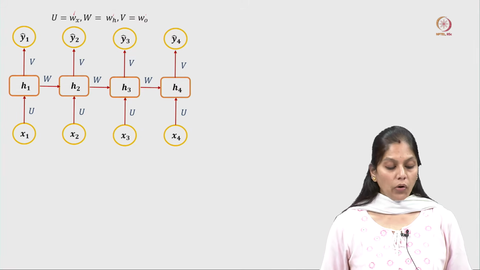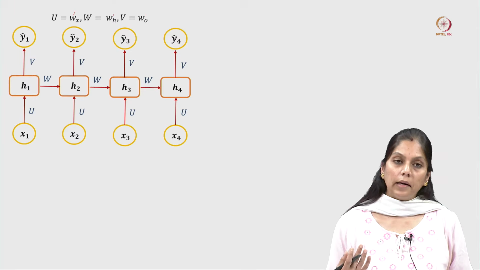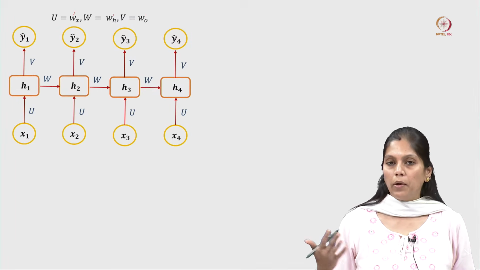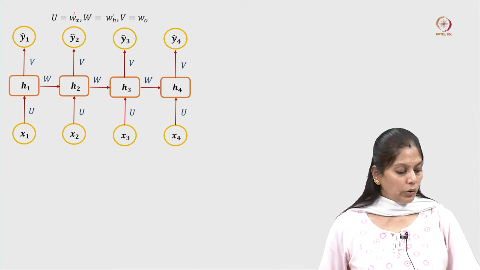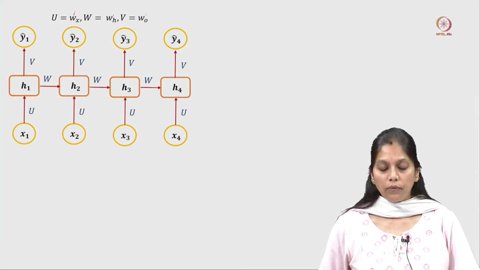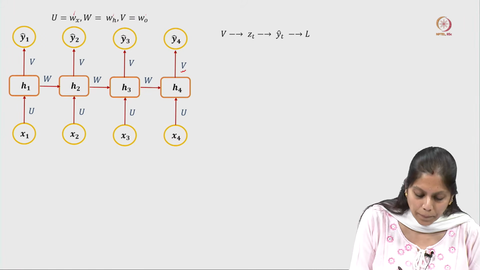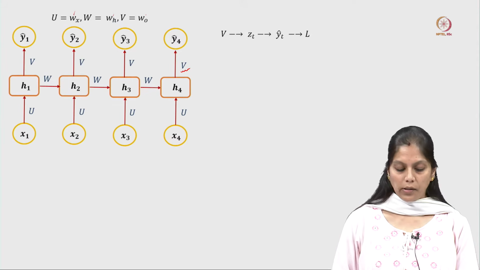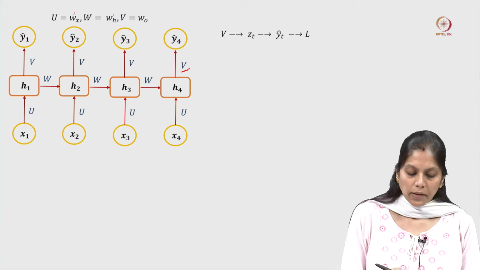So now what we have to do here is, how are we computing the gradients? How are we updating the weights U, W and V? This is the point of discussion here. So the very first step, let us see how we update V. Now here is where there is V. How do you reach this V, or from V what is the way forward?